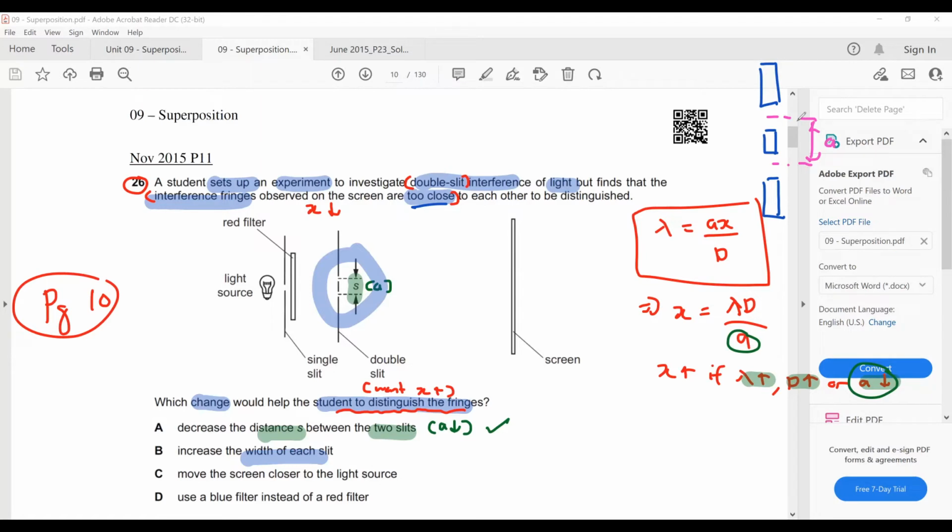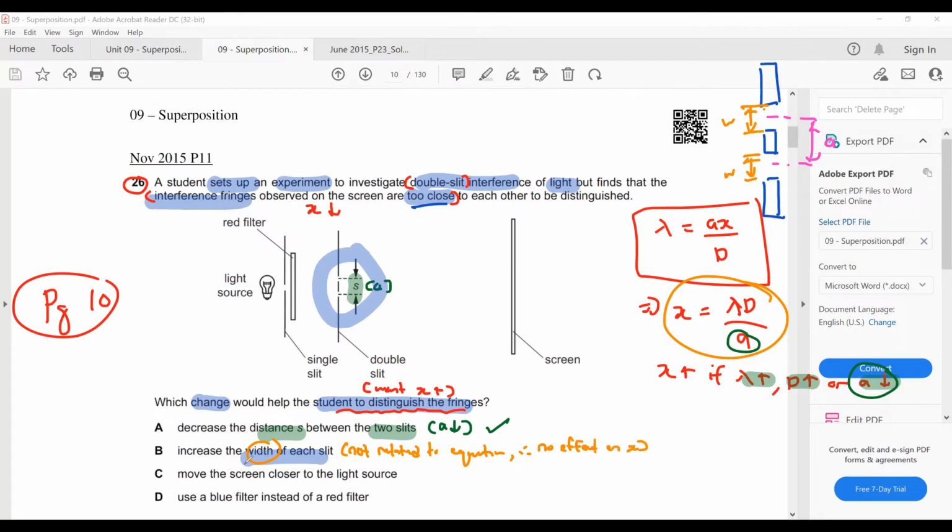But the slit width refers to this, how big the gap of each slit is. It is not talking about a itself, the distance between the slits. It's talking about the width of the slits themselves. So this one is not related to the equation. Therefore, no effect on X.